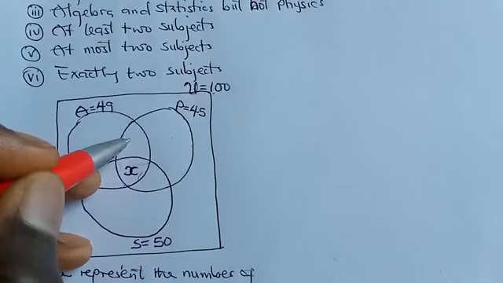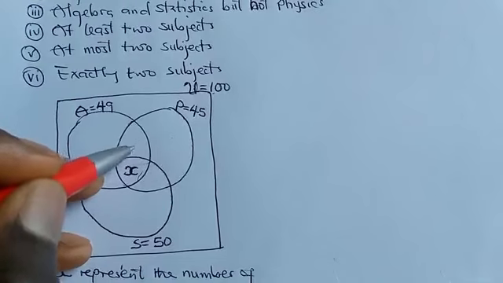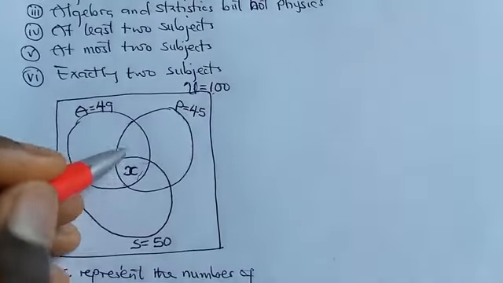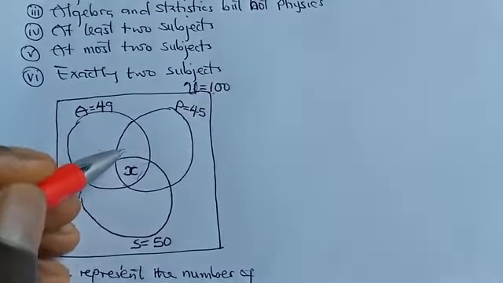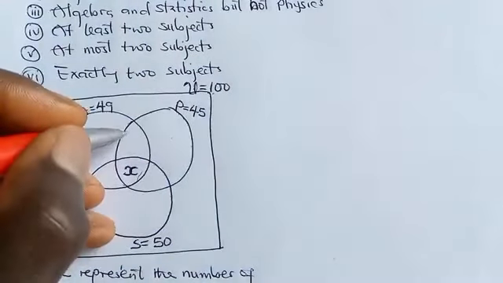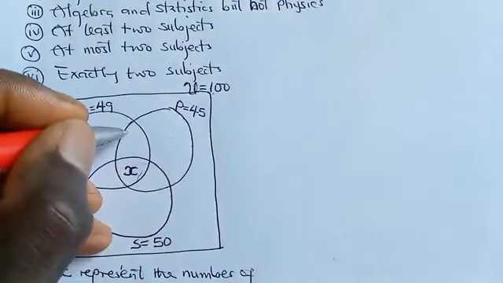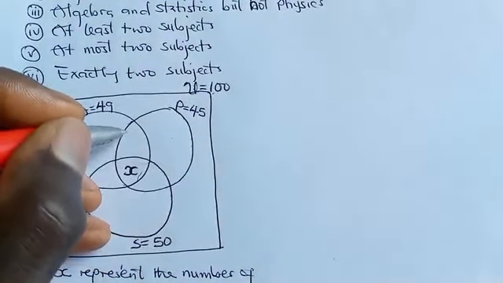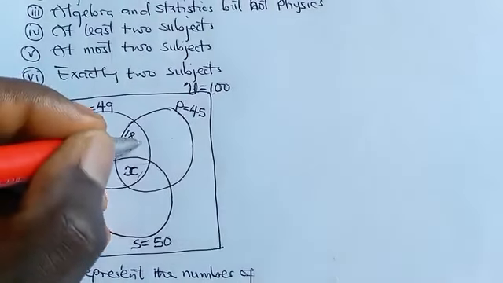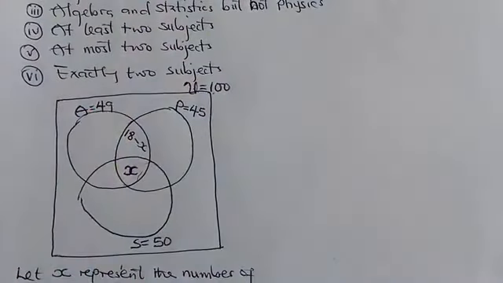So we want to know algebra and physics only, but not statistics. That is the space that is left here. This space here, right? Algebra and physics, but not statistics. So we have to subtract that X from it to get the value of algebra and physics only, excluding statistics. So we are going to have 18 minus X.